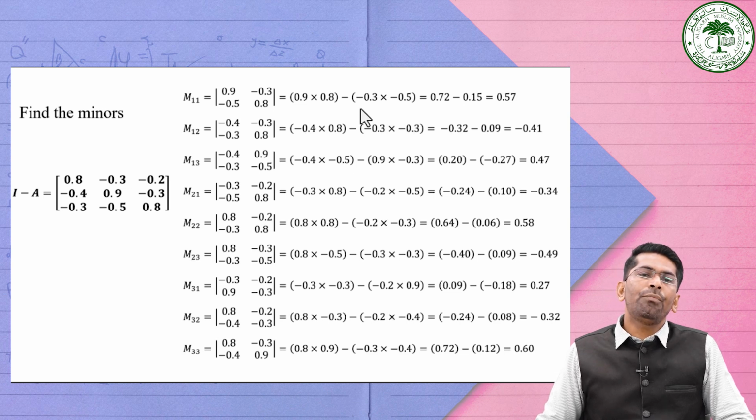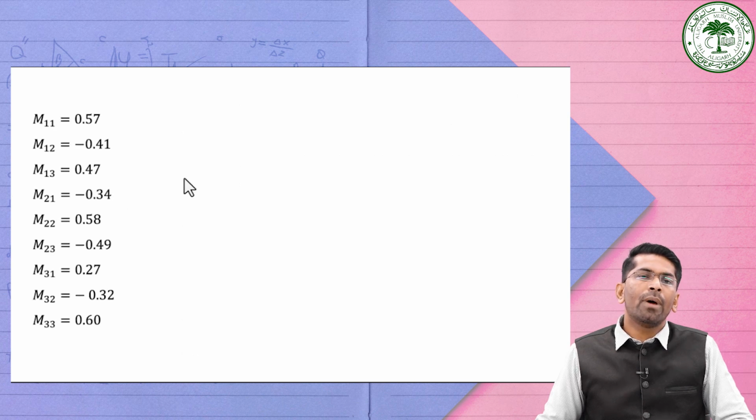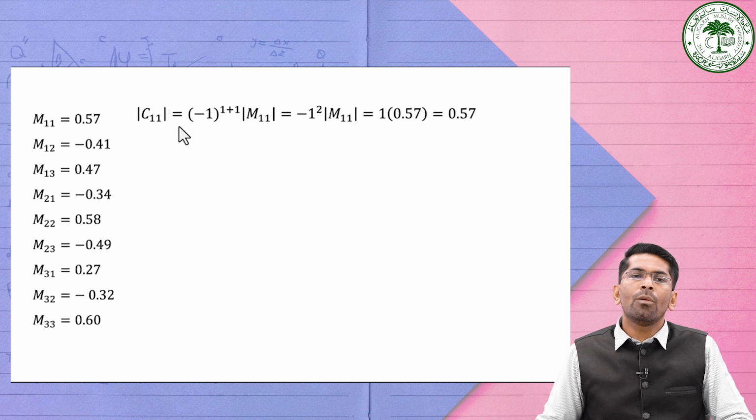Now, after finding the minors, we can calculate the cofactors. Corresponding to each minor, we will have a cofactor as well. So I am writing here the cofactor C11, which is equal to minus 1 raised to the power 1 plus 1, which is equal to minus 1 squared, which is equal to 1, into the first minor 0.57, which is equal to 0.57.